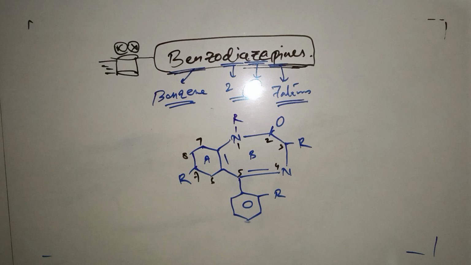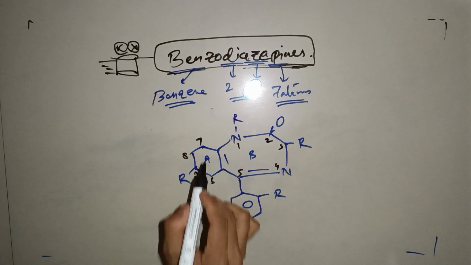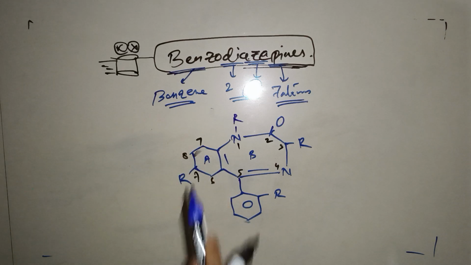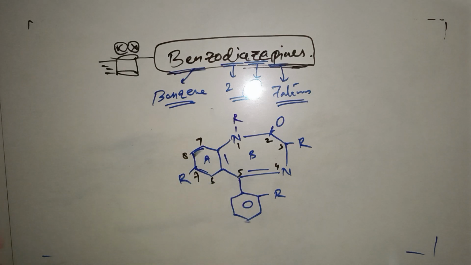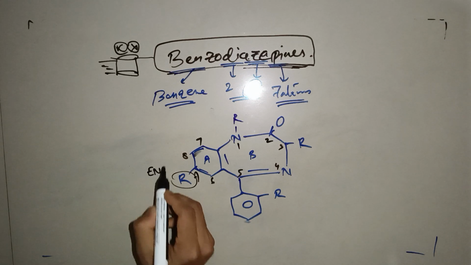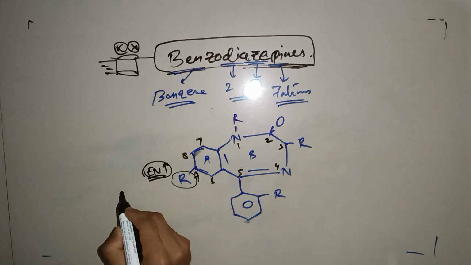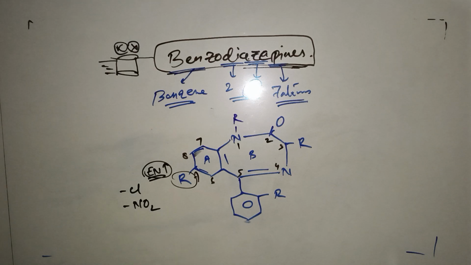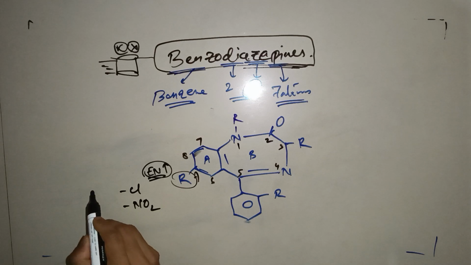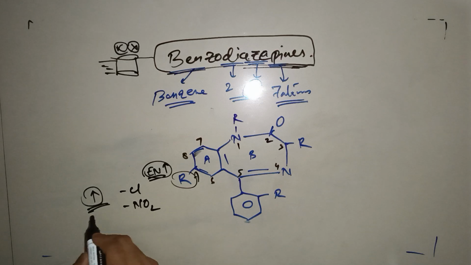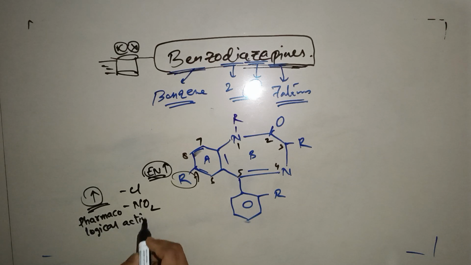Now we will see the most important changes in structure A, the ring A. In ring A, if the side atom or side chain present is more electronegative, for example chloride or nitro, then it will increase the pharmacological activity.